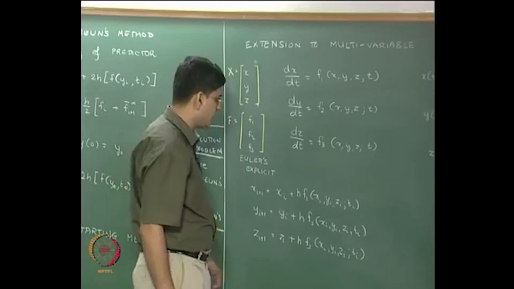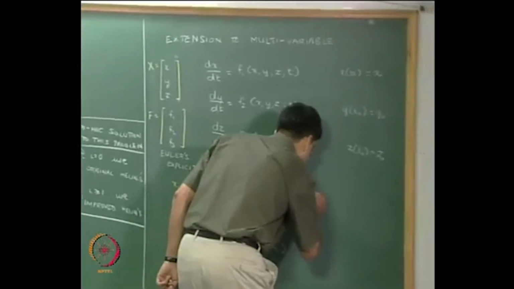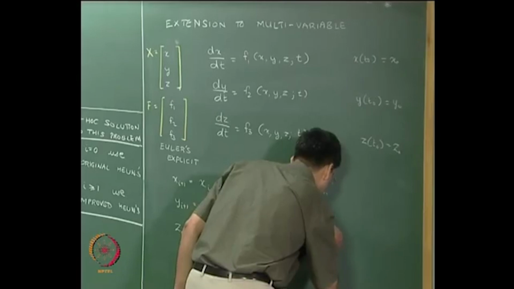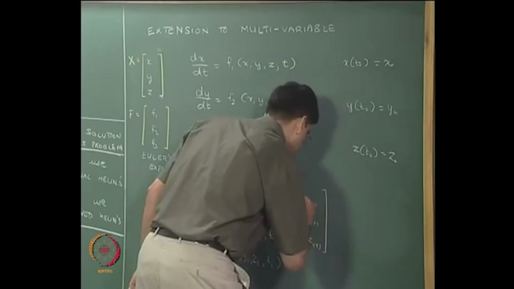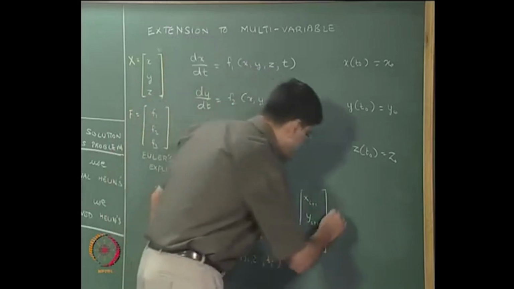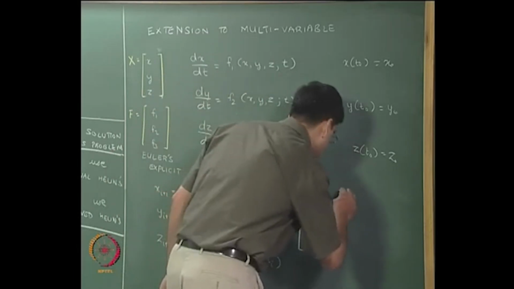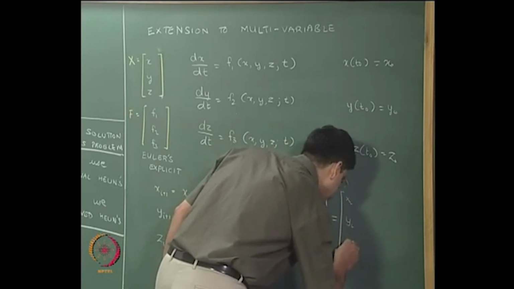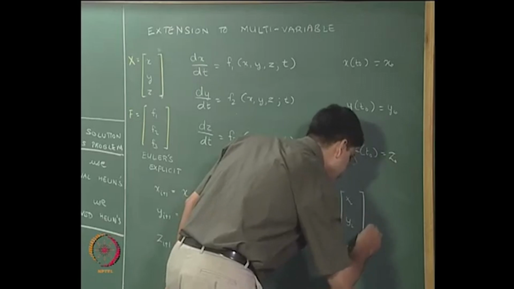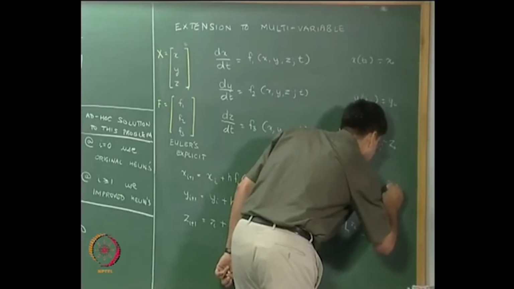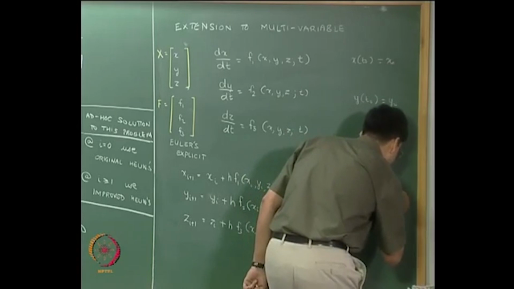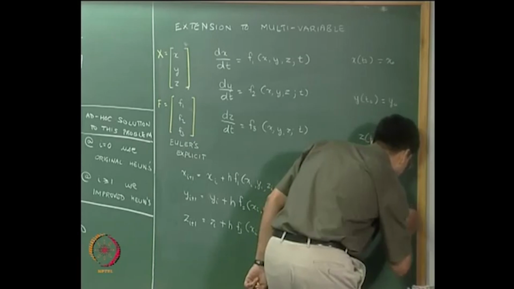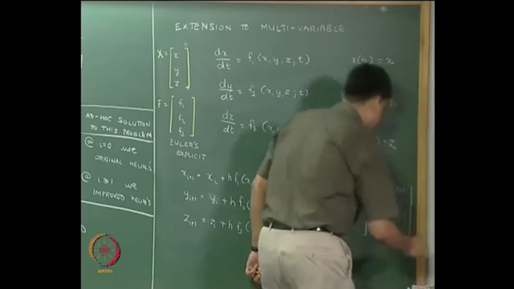So, this can be written as x i plus 1, y i plus 1, z i plus 1 is going to be equal to x i, y i, z i plus h times f1, f2, f3 computed at time i.